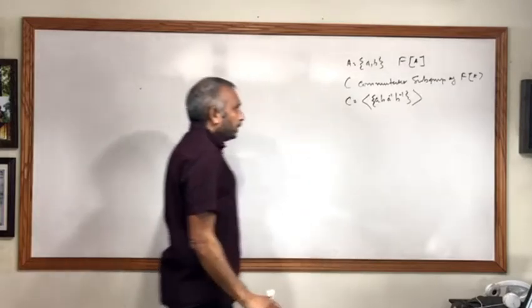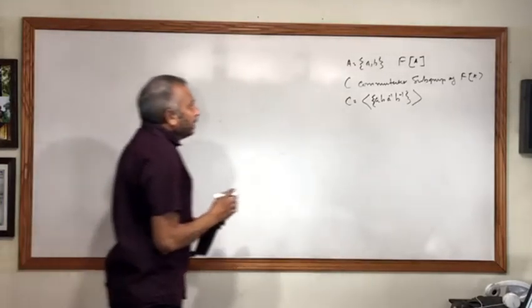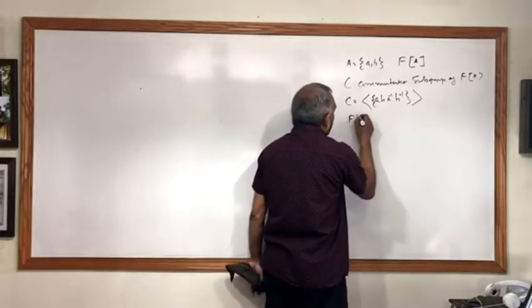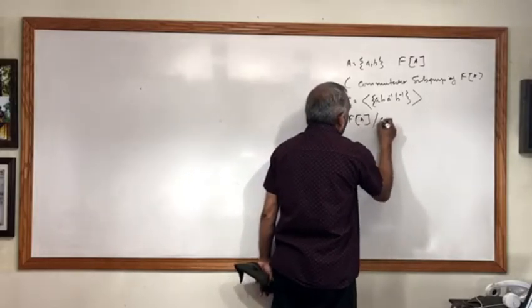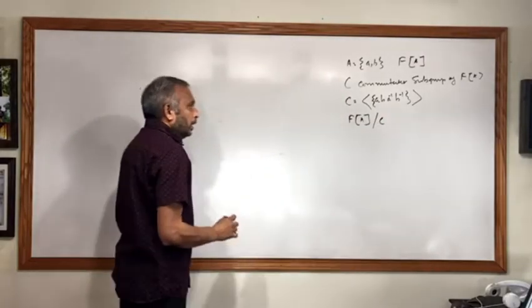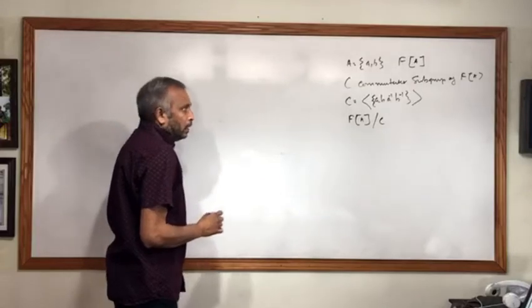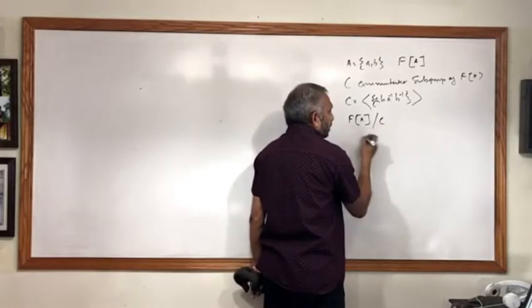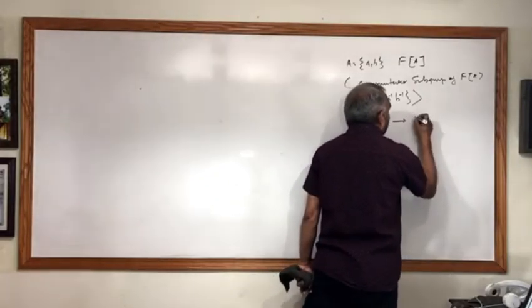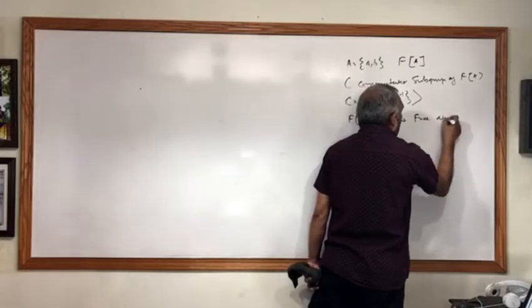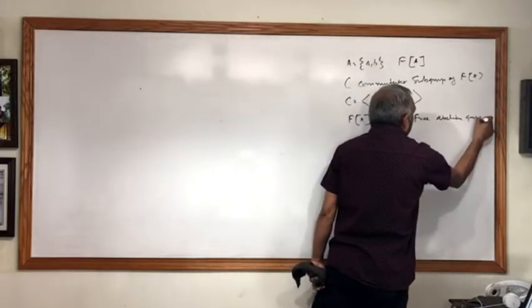Okay, then what we did is we took the quotient group of F of A over C, and we found that this is a free abelian group.